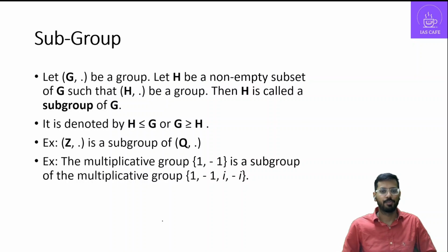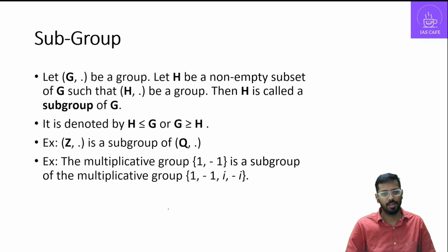So what is a subgroup? A subgroup is a non-empty subset H of a group G, with the same binary operation. If this subset satisfies all the basic properties of a group, then we will call it a subgroup.